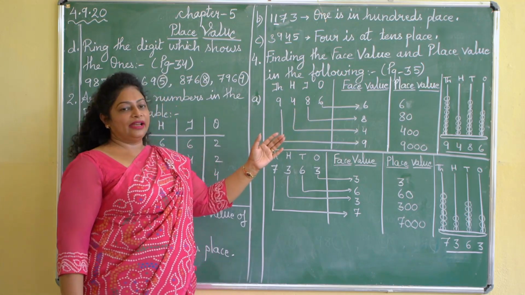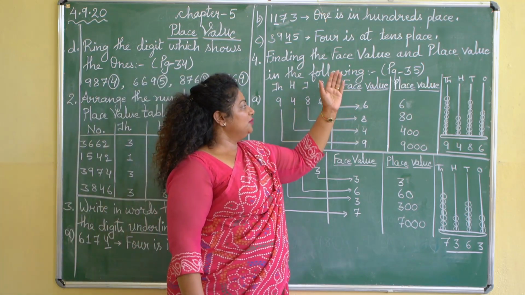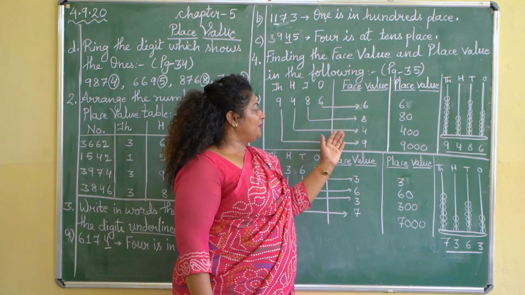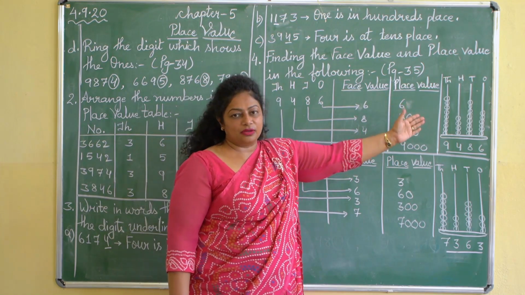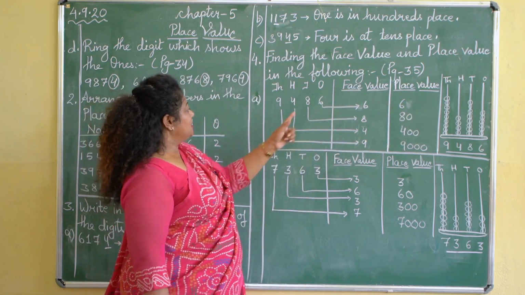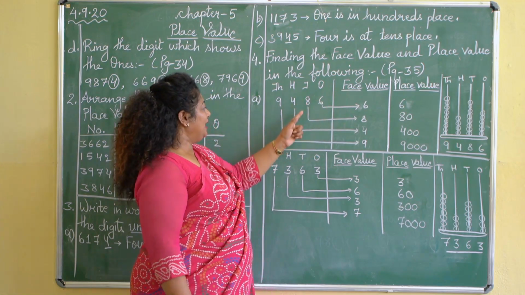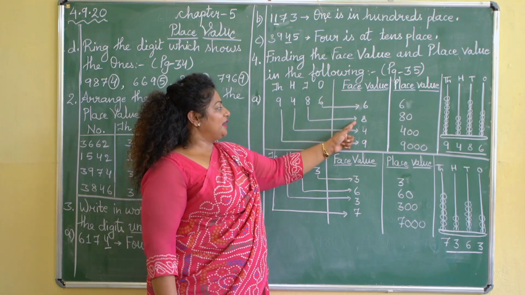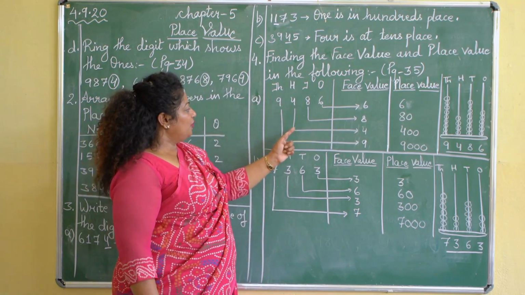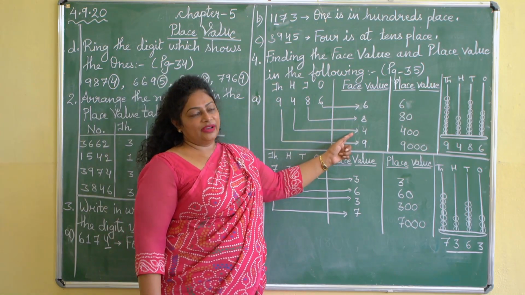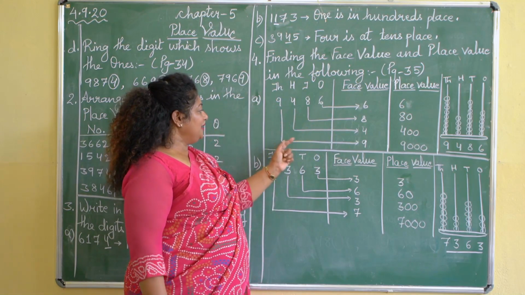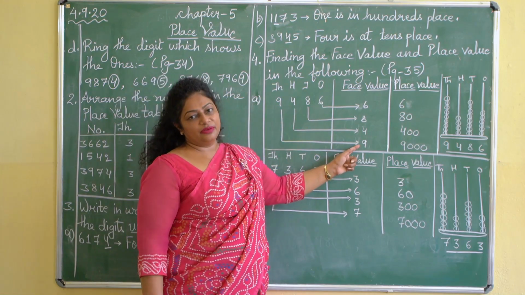Now we have to find the face value, the place value, and we have to show the number on abacus also. Right. So 6 is at ones place, the face value will be 6. 8 is at tens place, face value is 8. 4 is at hundreds place, face value is 4. 9 is at thousands place, face value is 9.